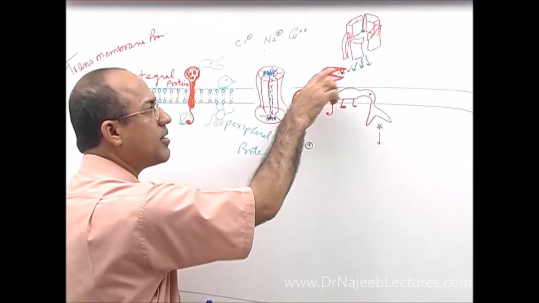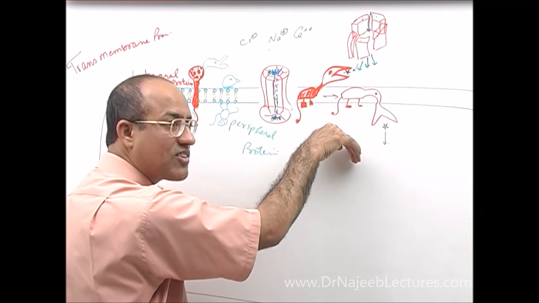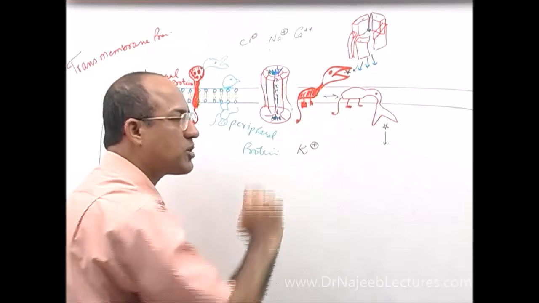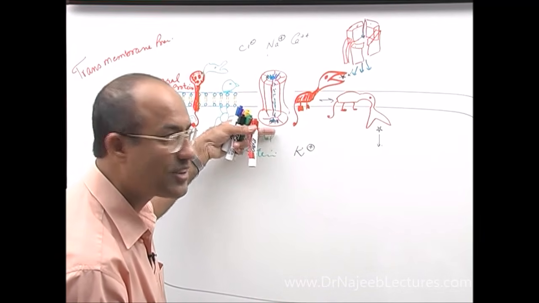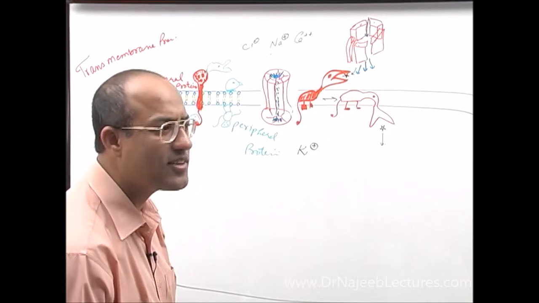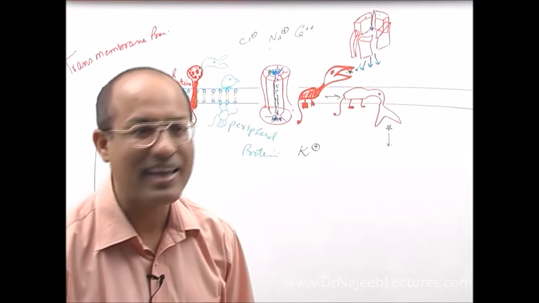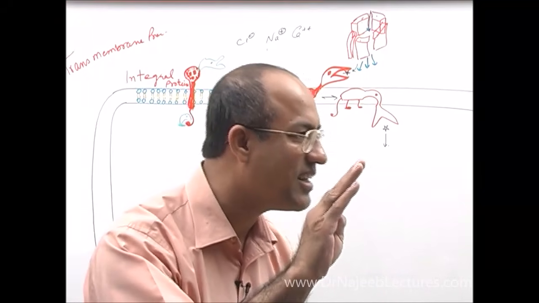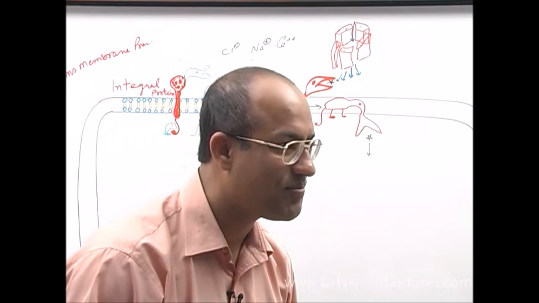And the mouth of this protein will take the substance, carry the substance inside. Such proteins do not have the central water channel, so these are not channels. These proteins are called carrier proteins. They carry a substance, undergo some change, and shift the substance across the membrane.